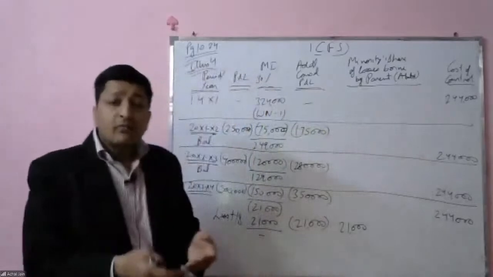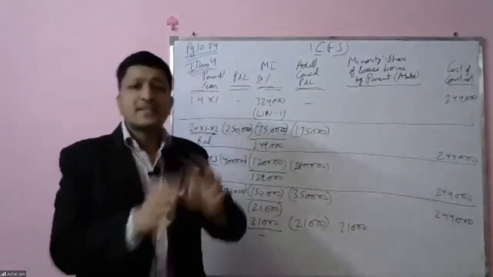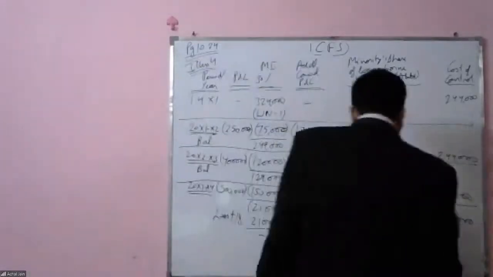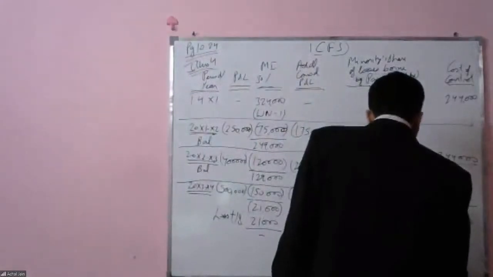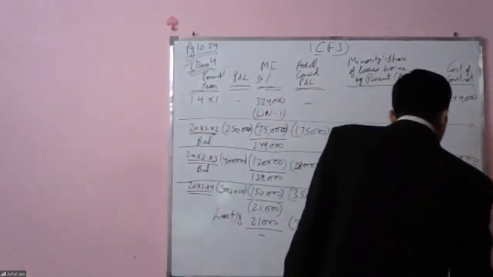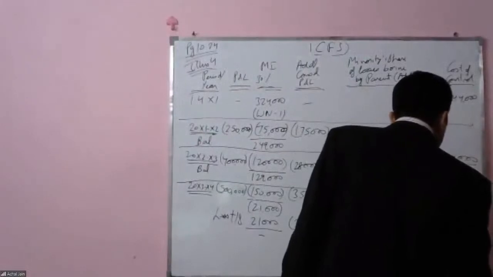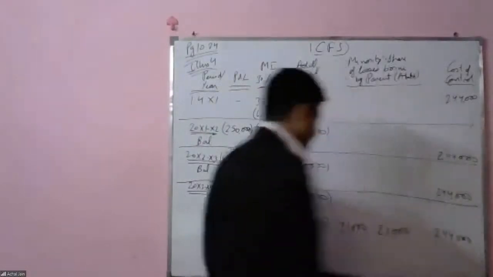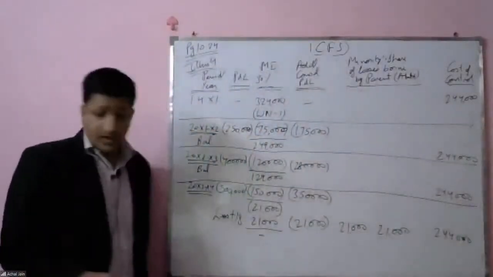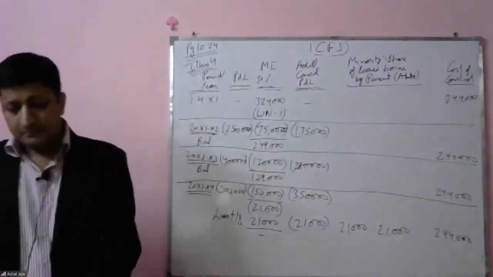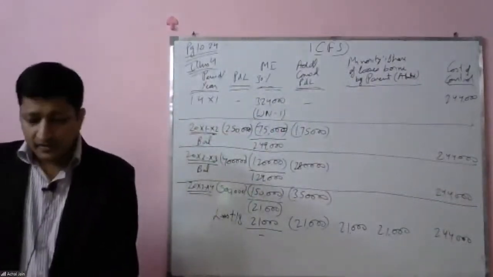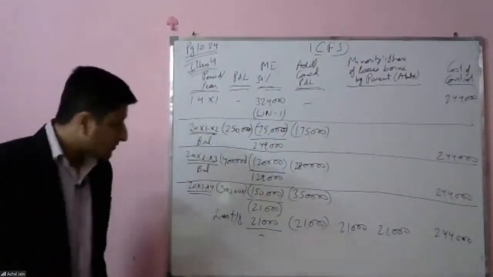And if the parent wants to keep this amount as a balance with itself, the balance will be 21,000. Okay, clear?